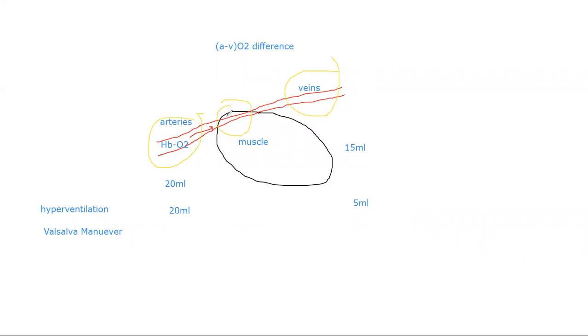Whether this is oxygenated or deoxygenated, it's where the gas exchange is taking place, so you can't really say. It's in between the two. So that's why I say the blood coming in is oxygenated, the blood coming out is deoxygenated. All right. Thank you.